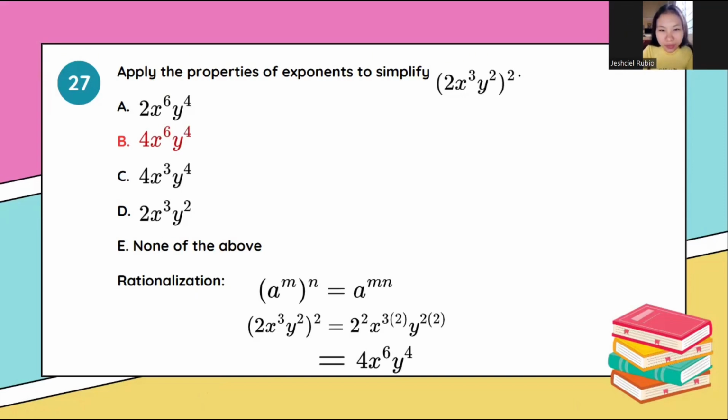So the quantity 2x cubed y squared to the power of 2 is equal to 2 squared, x cubed times 2, and then y squared times 2. So the correct answer is 4x to the power of 6, y to the power of 4. So next, proceed to 28.